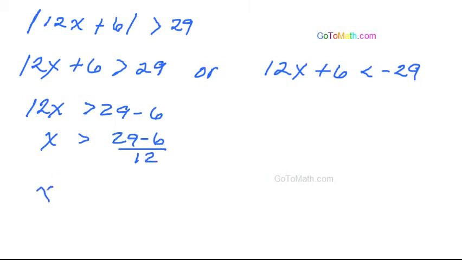So x is going to be greater than, let's see, 29 minus 6, and then divide that by 12. I don't guess that's going to reduce down any. That looks like 23 over 12. And then let's do the same thing going on over here.